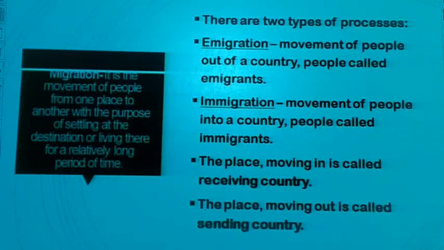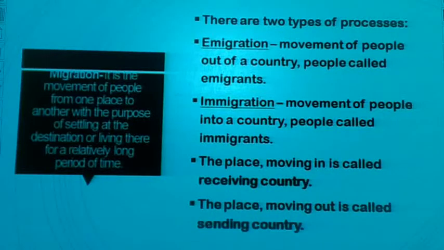One is emigration and the other one is immigration. Emigration is the movement of people out of a country or a region, and such migrants are called emigrants. Then immigration. Immigration is the movement of people into a country or a region, and such migrants are called immigrants.